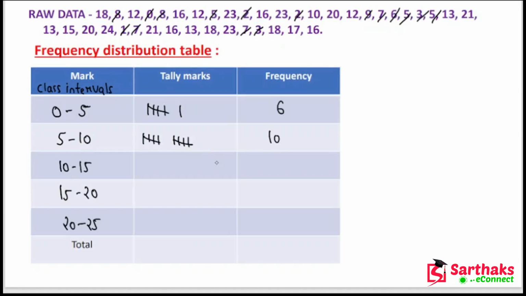And then we will have 10 to 15. From 10 to 15, we have 1, 2, 3, 4, 5, then 6, then 7. So we have 7. Then 15 to 20.